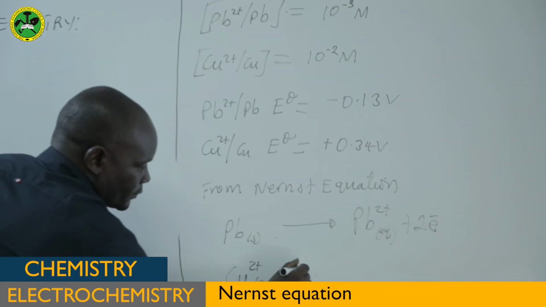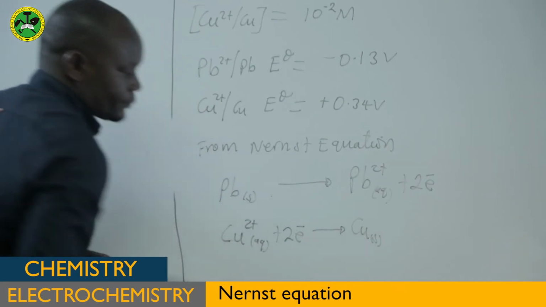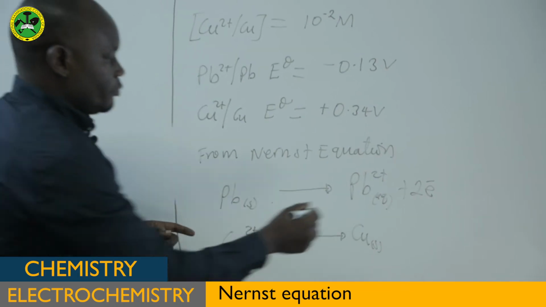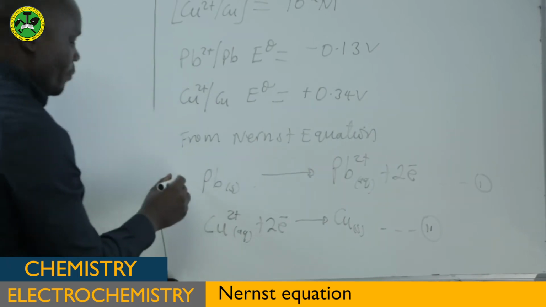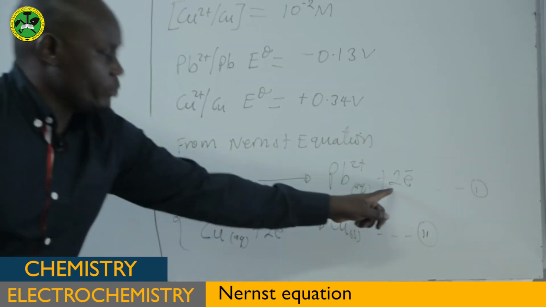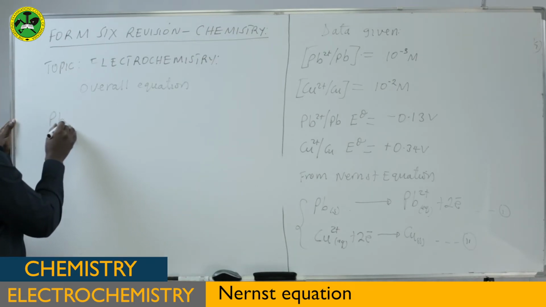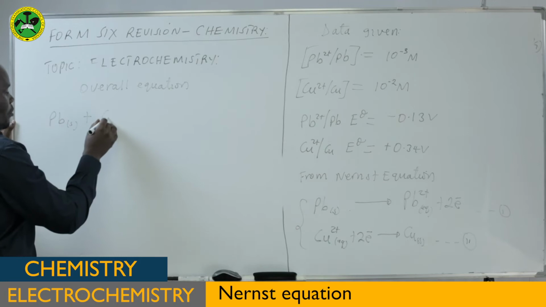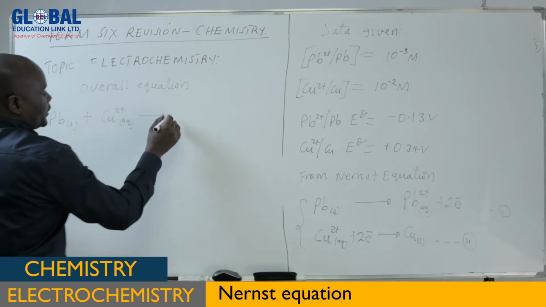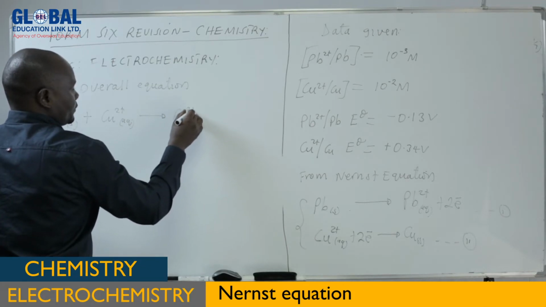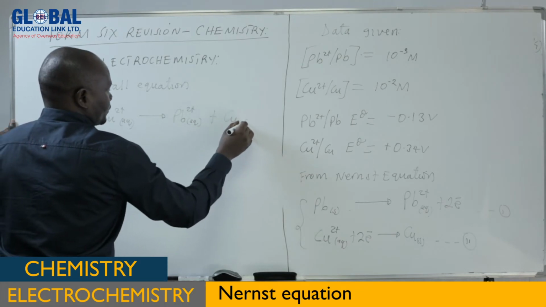So combining the two equations, the number of electrons here is 2 and there is 2. So you don't need to multiply by any variables to balance the equation. So the overall equation will be lead solid plus copper 2 ions, leading to the formation of lead 2 ions plus copper solid.